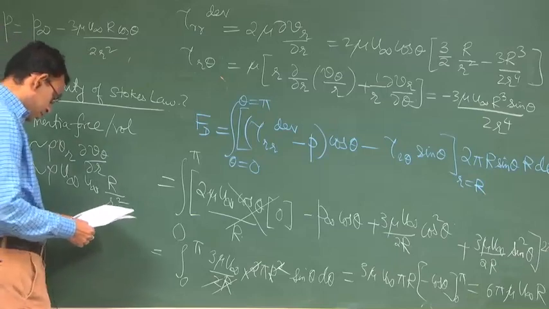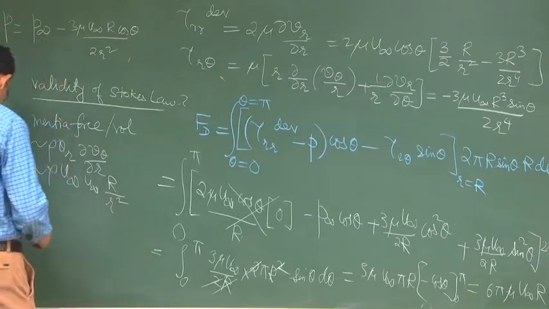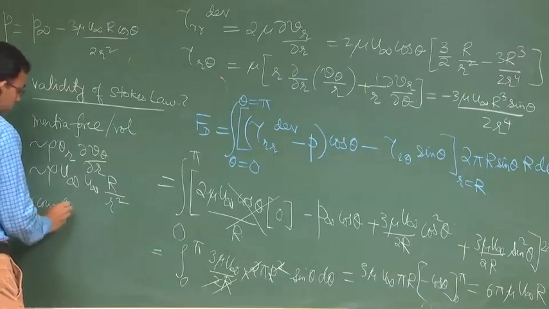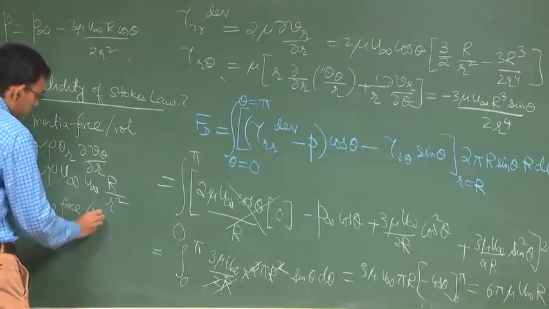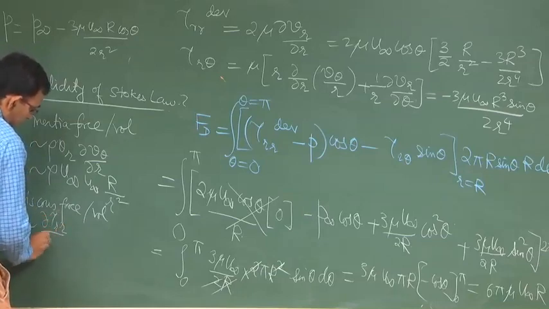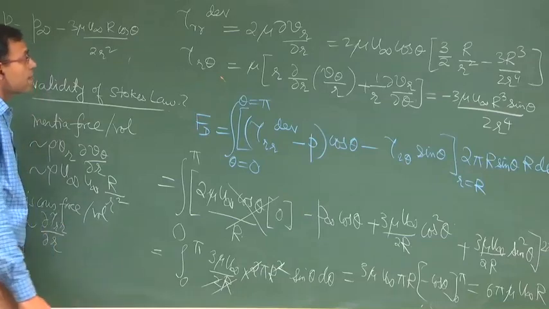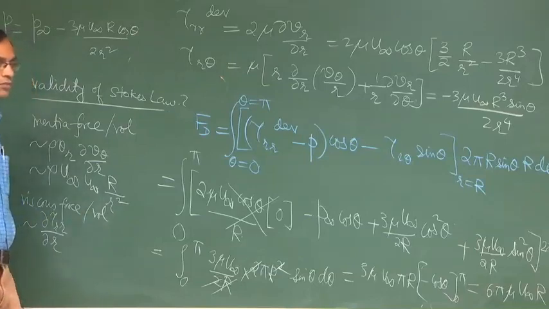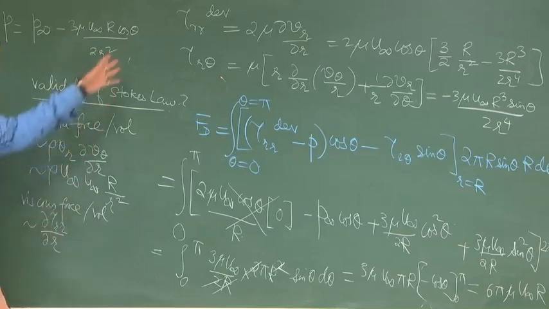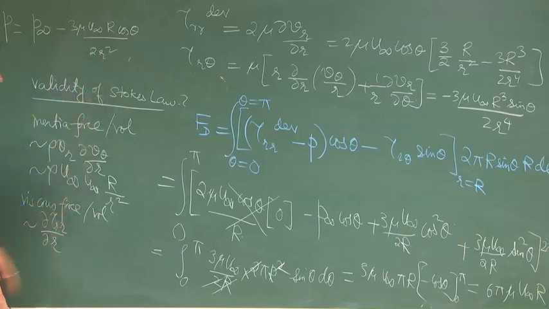What is the viscous force per unit volume? So, this is one of the order of magnitudes. Okay. You can also use tau r theta, but just as an example.